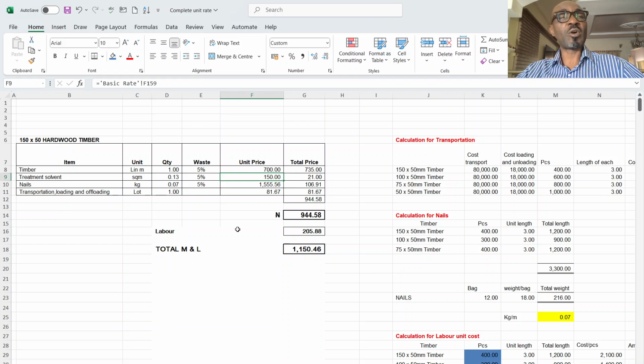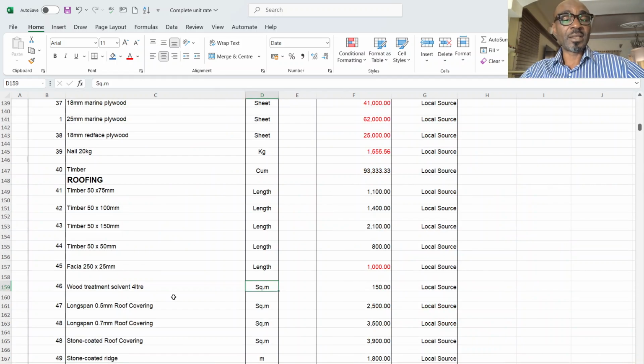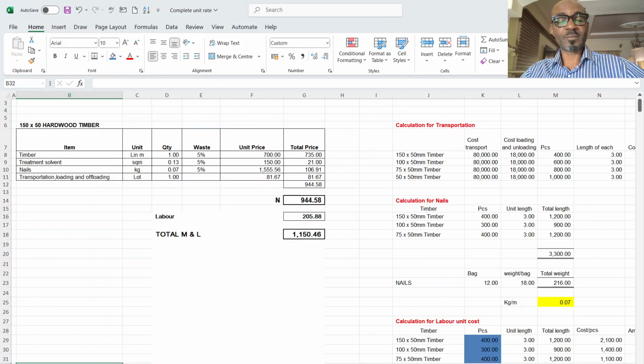The price for the 4 liters is say 4,500, and the coverage is 30 square meters for the 4 liters. That is why, if you divide, you can see in my basic rate, 4,500 divided by 30 gives me the cost per square meter, which is 150, and the square area for the 1 meter is 0.13. It gives me 21 naira per square meter.